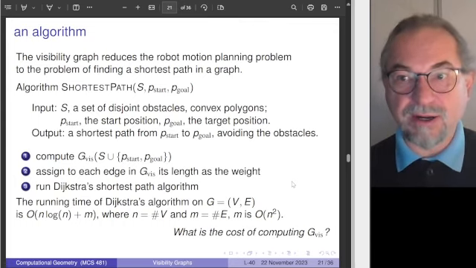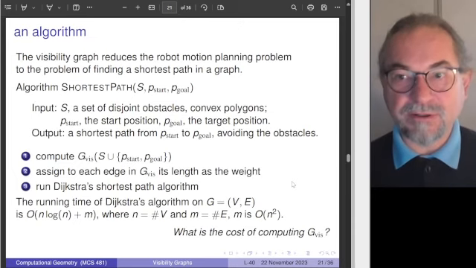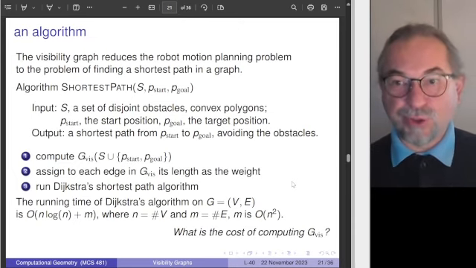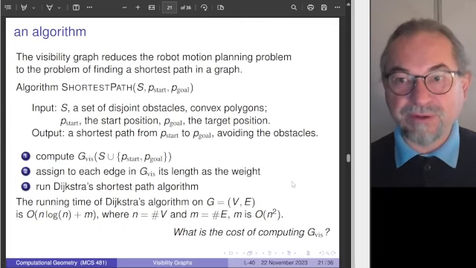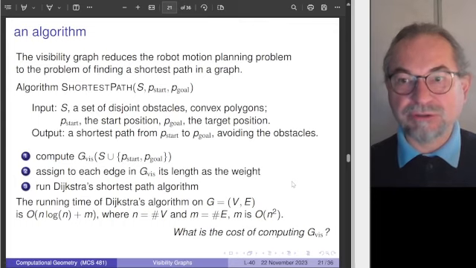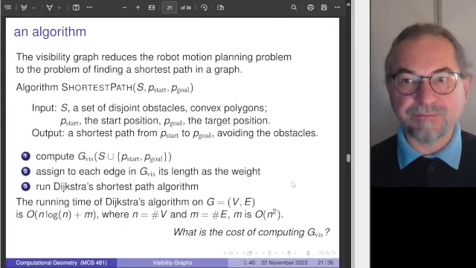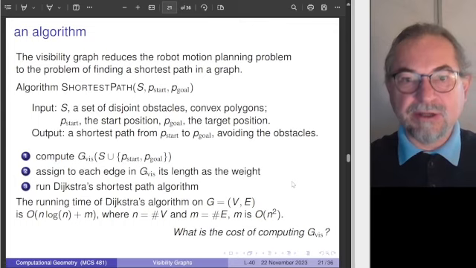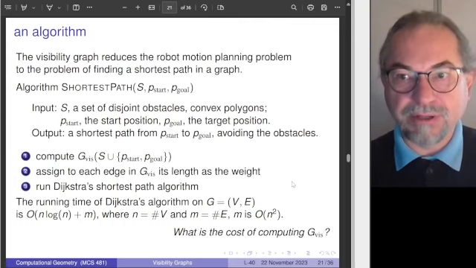So if you have a graph that is, so in some sense, our running example, we had only very few obstacles, and one could see most vertices, there were many connections. In practice, it is of course that there could be many obstacles, and this graph could be quite sparse.